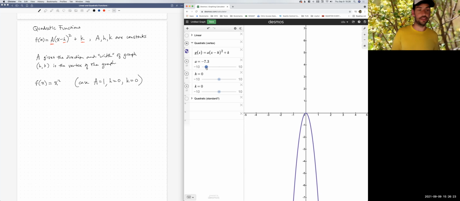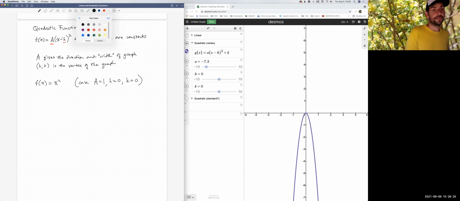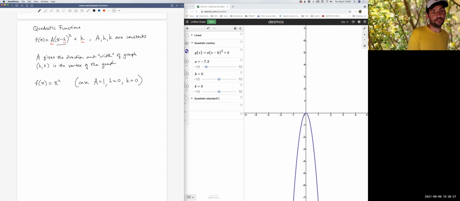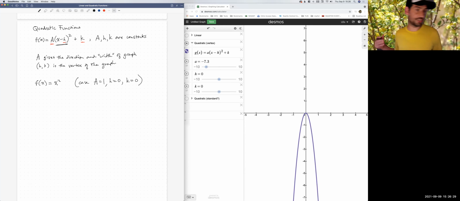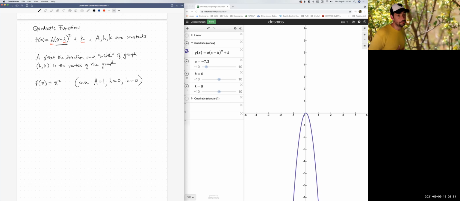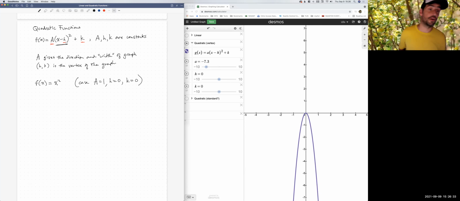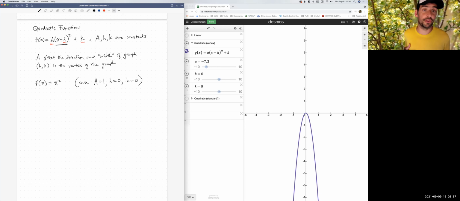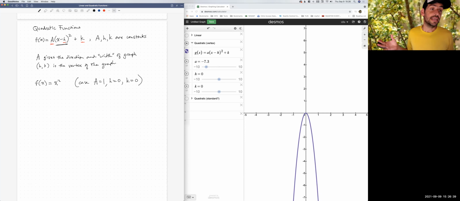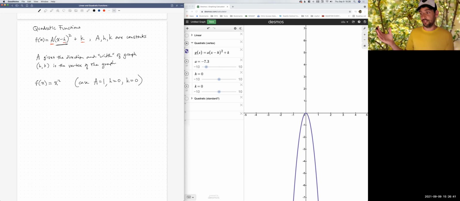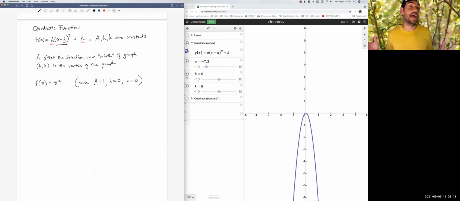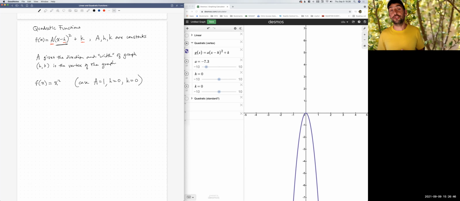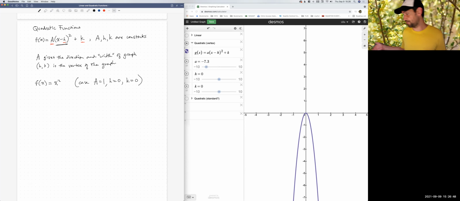And we can see this right in the form of the equation, right? If a is positive, (x minus h) squared, the smallest this can be is 0. If x is bigger than h, we're squaring a positive number, so it's going to be some positive number. If x is equal to h, it's 0, and 0 squared is 0. And if x is smaller than h, we get a negative number, but we squared it, so it becomes positive.